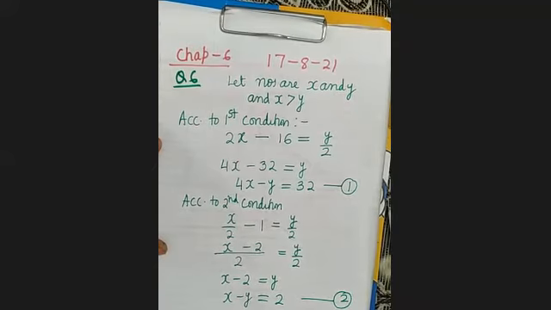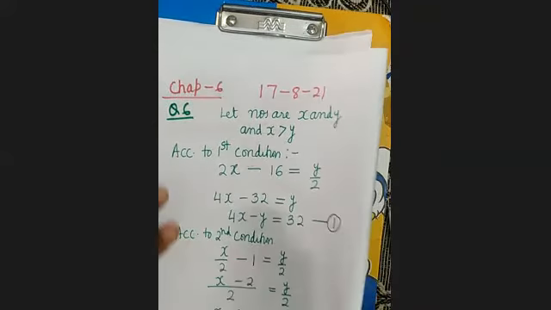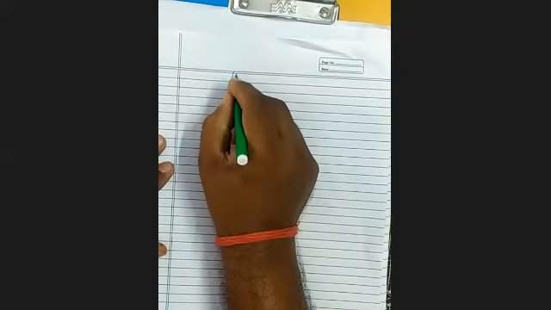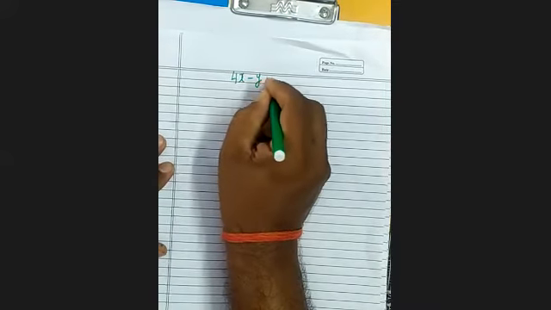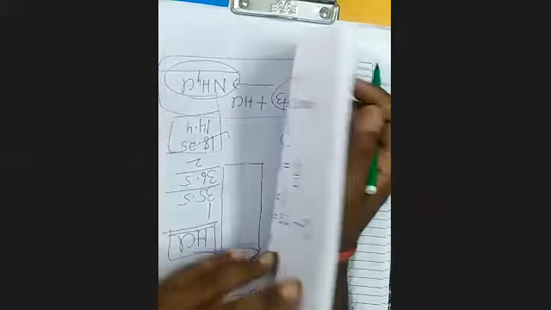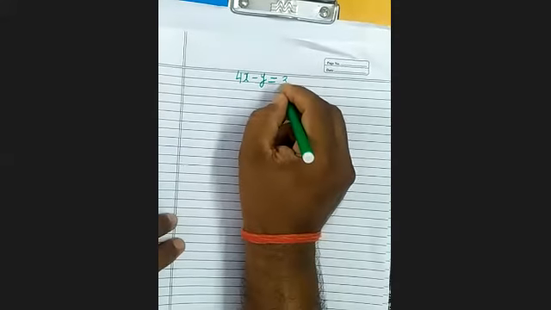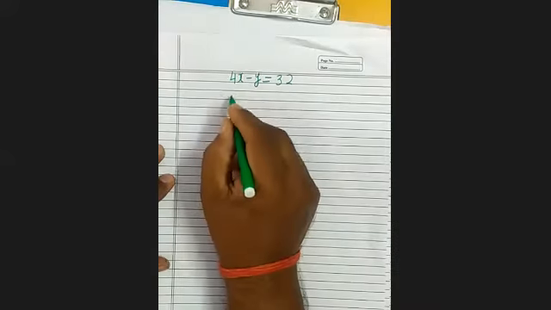Now you solve both the equations simultaneously. When you solve them simultaneously, you can get the value of x and y. So see here, how will you solve? One equation is 4x minus y equals 32. And second is x minus y equals 2.